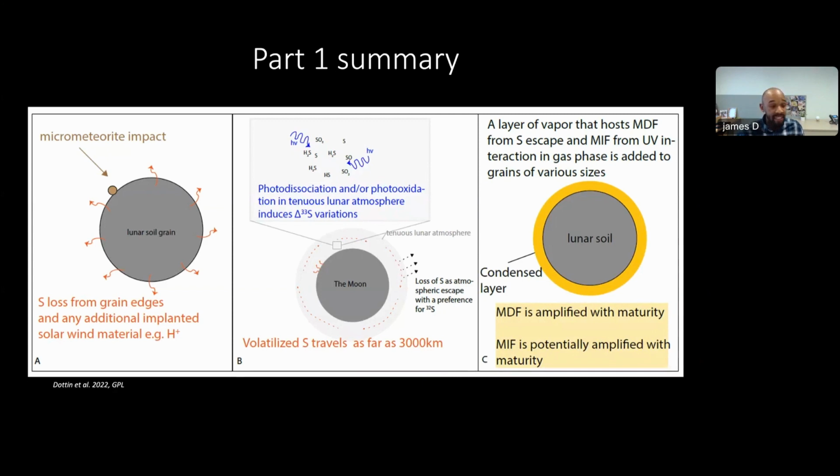So to summarize this part of the talk and my hypothesis for how lunar soils and the sulfur within them have been processed, we think that it first starts with a micrometeorite impact, and you have sulfur loss from the edge of soil grains, and also loss of any additional sulfur that escapes with hydrogen.